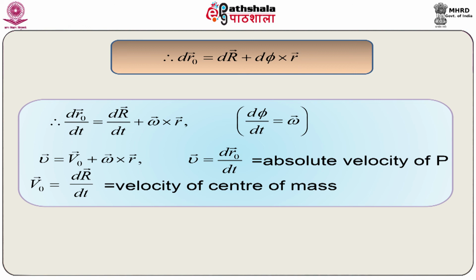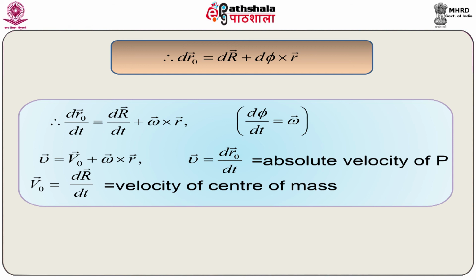An infinitesimal rotation about the center of mass, whereby the remainder of the body moves to its final position, is equal to d phi cross r vector. So, from the vector triangle law, from the figure we get this result, small d r o vector equal to d capital R vector plus d phi cross small r vector.